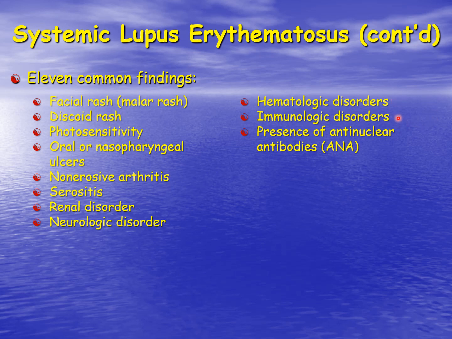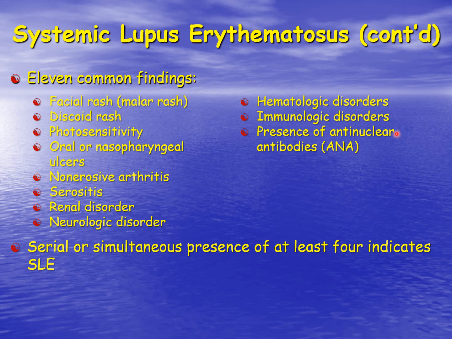Immunological disorders, and one of the interesting things about many of the autoimmune diseases is that while your immune system is fighting your own cells, it tends to ignore foreign substances. And now we can actually recognize the presence of the anti-nuclear antibodies, or ANAs, in many of these patients. But lupus is a diagnosis of exclusion. That means we rule out everything else it could potentially be before we make a presumptive diagnosis of lupus.